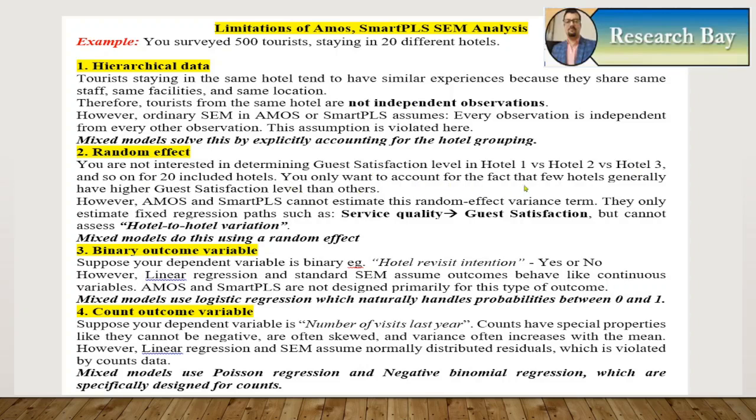Then you only want to account for the fact that a few hotels generally have higher guest satisfaction level than others.